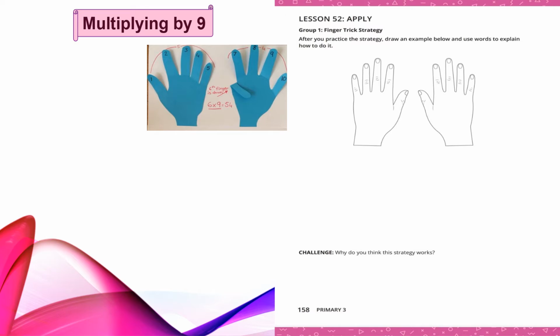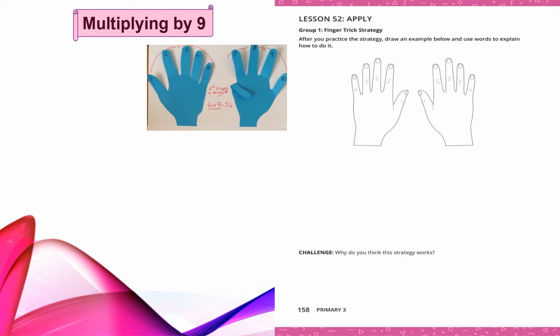Here we wanted to get the result of 6 times 9. Here we have steps to get the correct answer. The first step, look at the other number. This is table 9, so look at the other number.